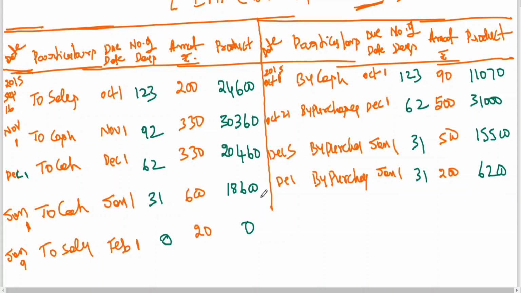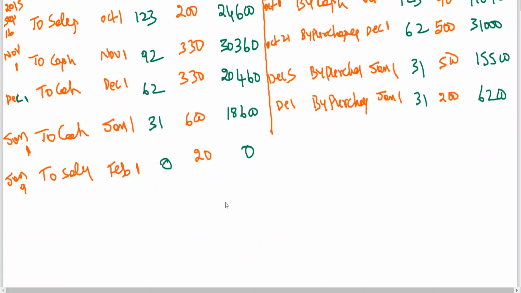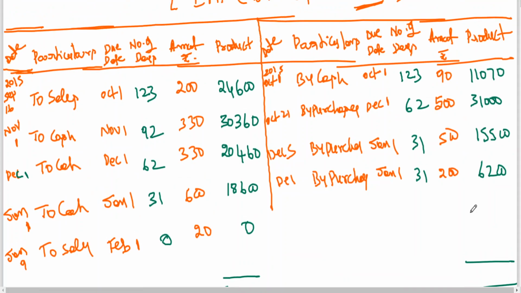You are just writing the amount. Then if the debit side amount is wrong, I can erase it. So write with a pencil in the examination, because time management is the key, I've been telling you. 94,020 minus 11,000.